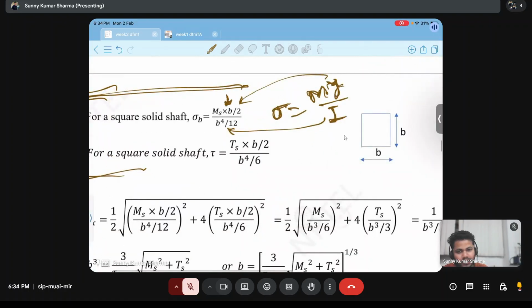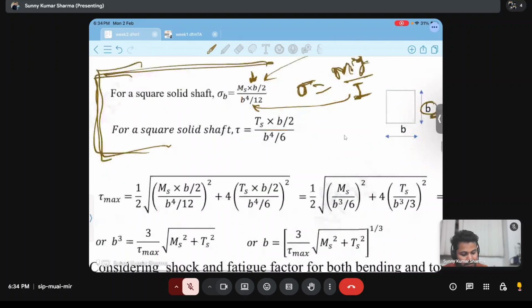If we are designing it for a square section and we get that b value, it means we will complete our design. And for a square section, this is the polar moment of inertia for the torsion moment, and the earlier one is for the bending moment. Sigma is the safe limit for bending, and tau is for the torsion moment, where Ts is the torsion moment, b by 2 is y, and b to the power 4 by 6 is the polar moment of inertia.